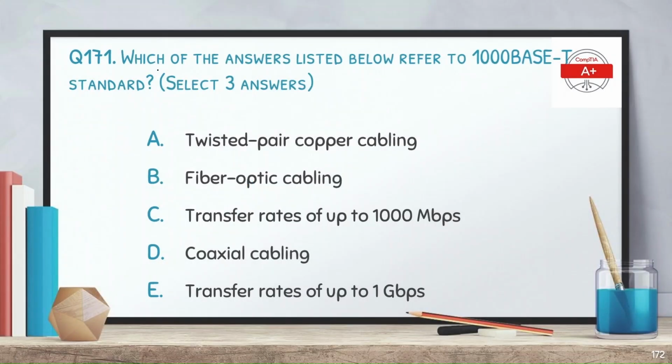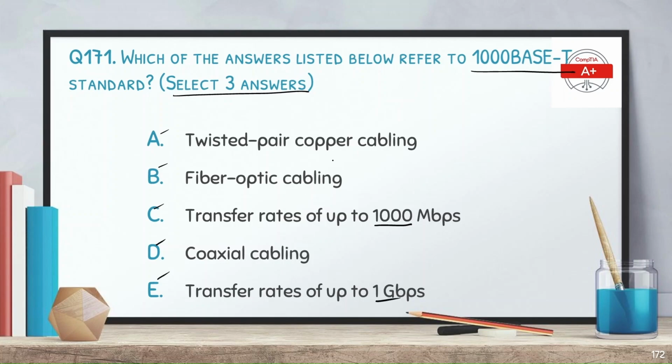Question number 171 is that which of the answers listed below refers to 1000BASE-T standard? We have to select three answers, and the options are A, twisted pair copper cabling, B, fiber optic cabling, C, transfer rate of up to 1000 Mbps, D, coaxial cabling, and E, transfer rate of up to 1 gigabit per second.